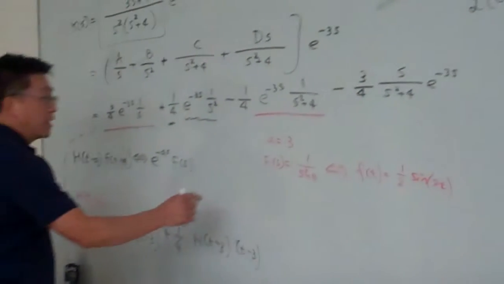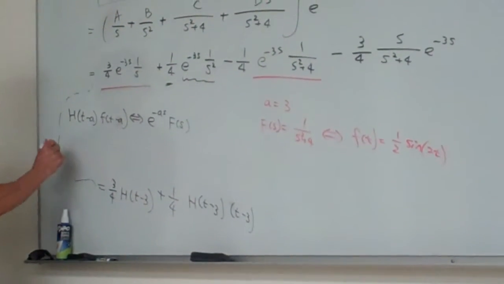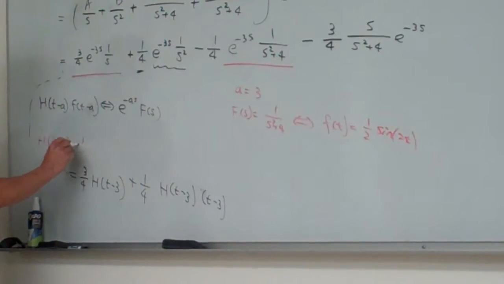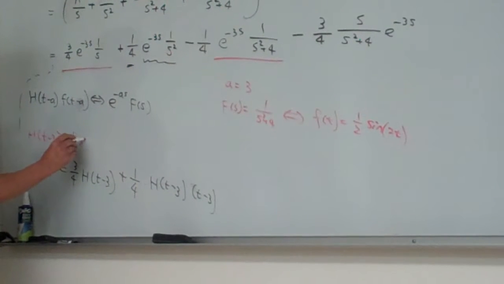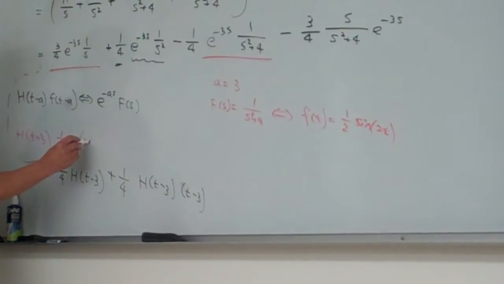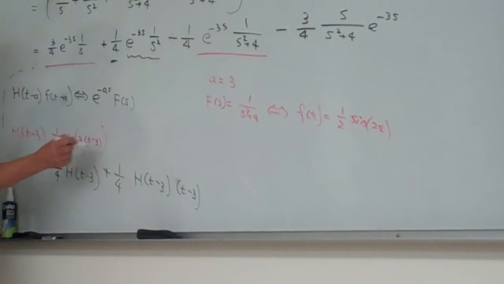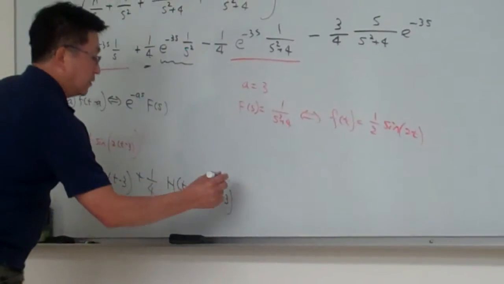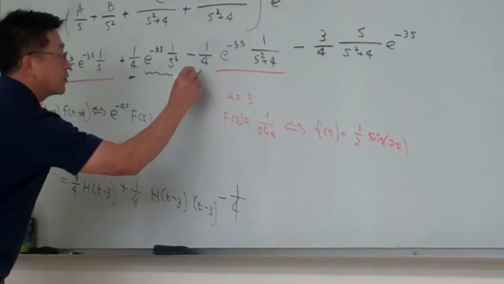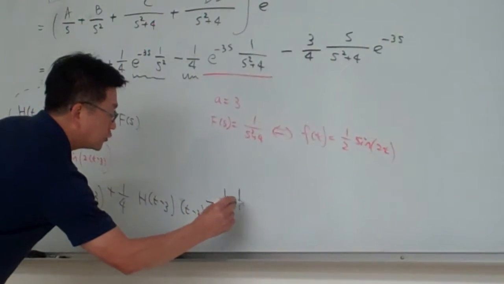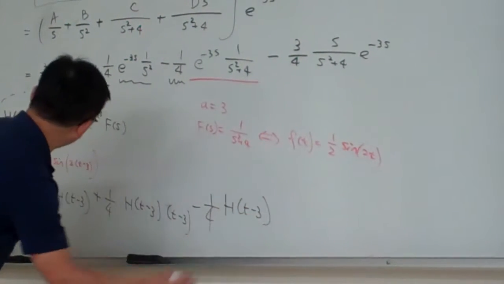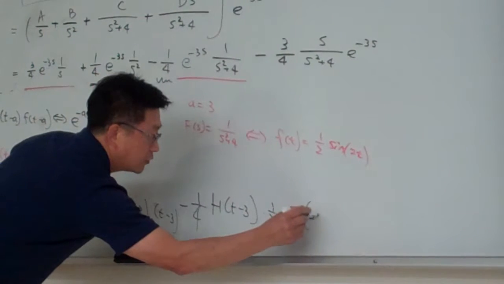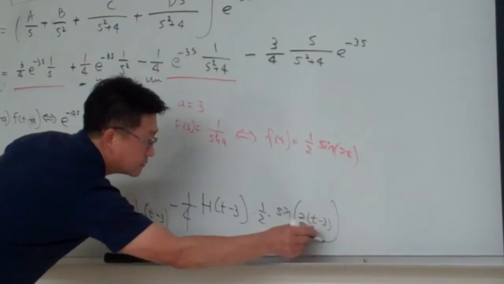So write it up, the inverse of this one will be equal to h(t minus 3) f(t minus 3), that is times 1/2 and sine 2 times (t minus 3) here. So for these terms, minus 1/4, that is the coefficient here, and then h(t minus 3), and then times 1/2 times sine 2(t minus 3).